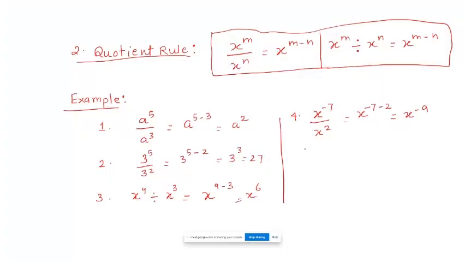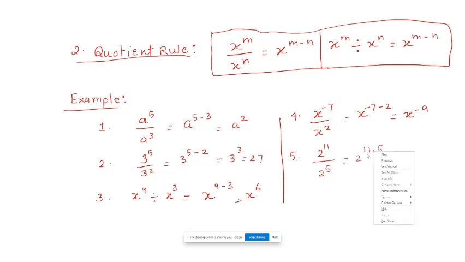Let's have one more example here. Suppose I have 2 to the power of 11 divided by 2 to the power of 5. What will happen? 2 to the power of 11 minus 5.